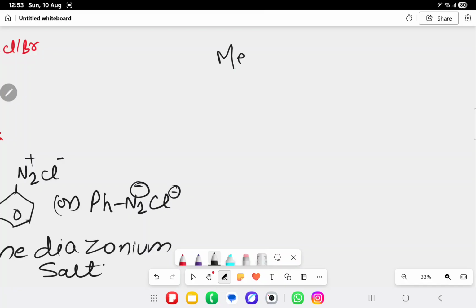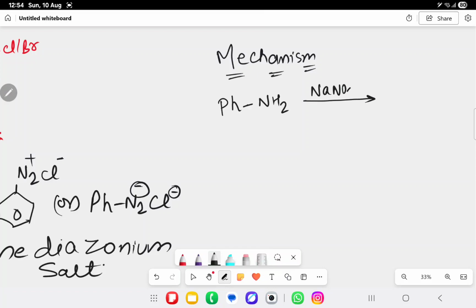In the case of mechanism, we have taken PhNH2 in presence of NaNO2 plus HCl, at 0 to 5 degrees Celsius, that is 273 Kelvin to 278 Kelvin, which is low temperature.